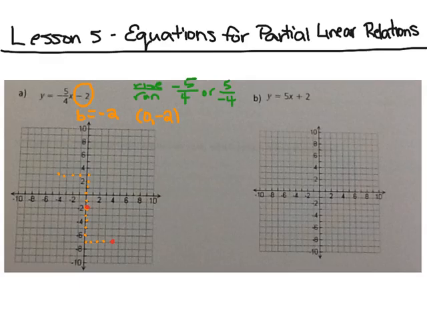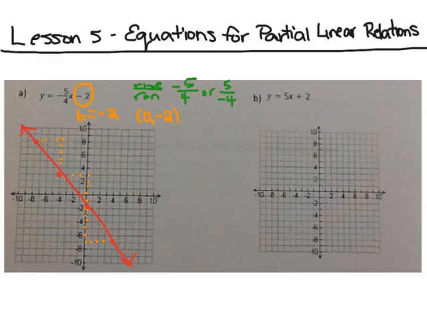So right there. We could probably do another one. 1, 2, 3, 4, 5. 1, 2, 3, 4. So here's our line. And the more points you draw, the more accurate it will be.